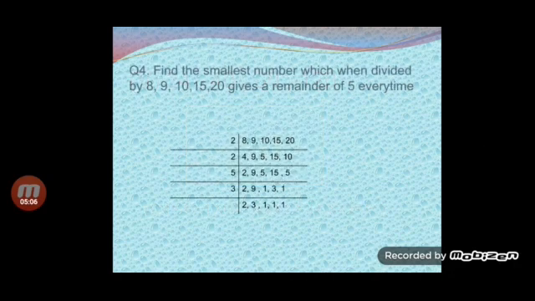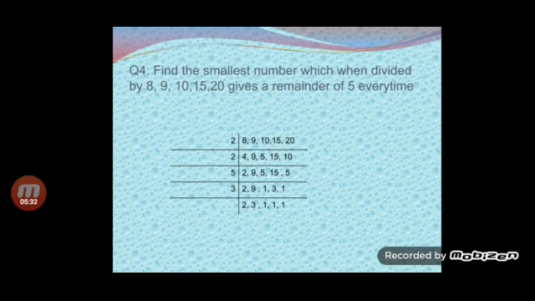Next one is question number 4. Find the smallest number which when divided by 8, 9, 10, 15, 20 gives the remainder as 5. Now whatever is the number, in that we have to add 5 so that 5 is the remainder. If the number is fully divisible, then we get 0 as the remainder.